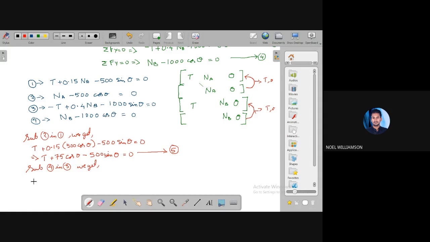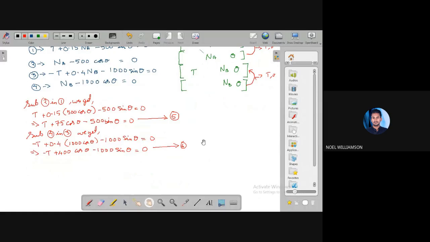So the relation becomes minus T plus 0.4 into 1000 cos theta minus 1000 sin theta equal to 0, or minus T plus 400 cos theta minus 1000 sin theta equal to 0. Let it be equation number 6. Okay.